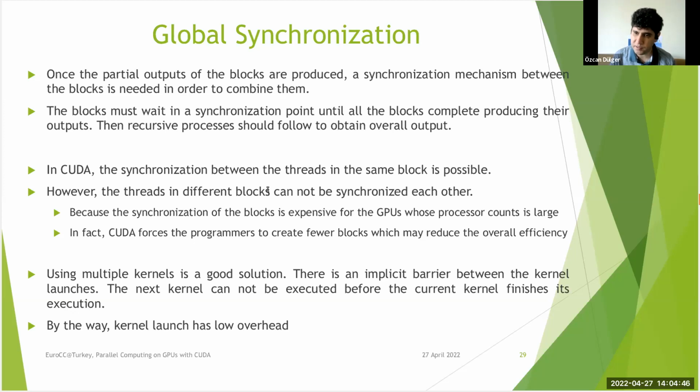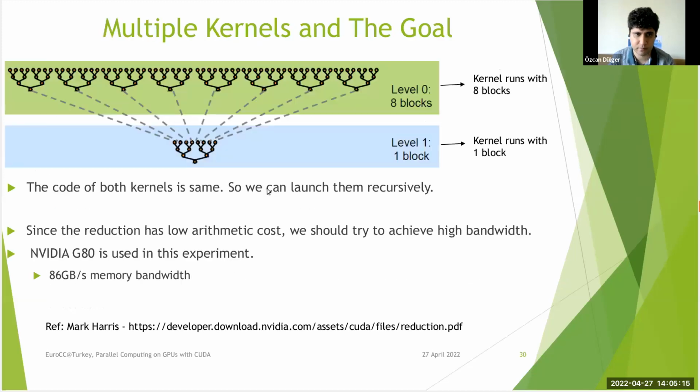There is an implicit barrier between kernel launches. So when we run kernels consecutively, there is an implicit barrier. The following kernel must wait for the previous kernel to finish its execution. On the other hand, we can use multiple kernels because the kernel launch has low overhead.